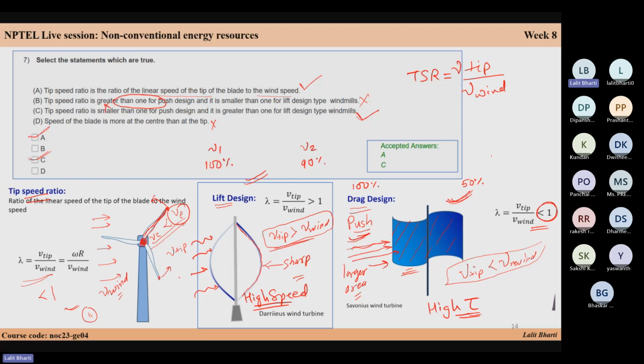Yes. So for the horizontal type, let's say this first figure, the push design is not possible, because for a push design your surface area should be completely covered by your material, by your blades. So if you have this kind of structure, you will not get any rotation.